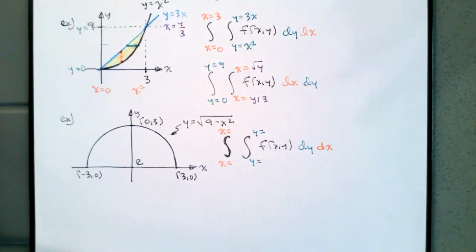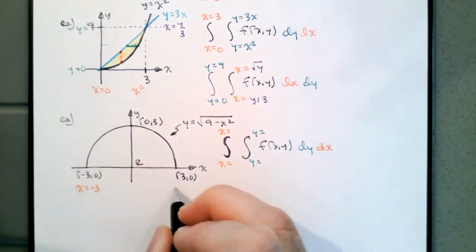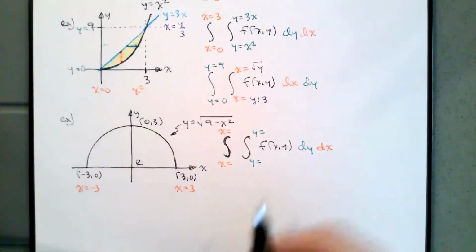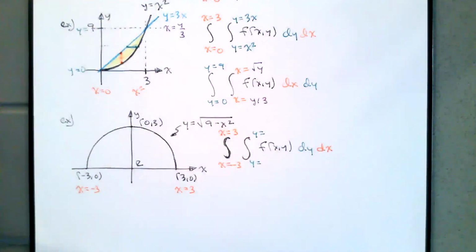So I'm going to figure out what x is between, and that's got to be just the constants. So the lowest x value is -3, and the highest x value is +3. So x should go from -3 to 3. We get the curvy part with the bound on y.